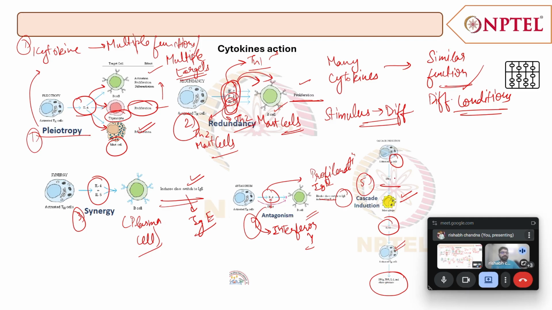Okay, so this means that one cytokine is not enough for producing these particular cytokines for the immune response. There are other cytokines that are also involved in producing the other cytokines. So that is called cascade induction. That is the fifth function. So this is how these cytokines actually act in our body during any immune response.